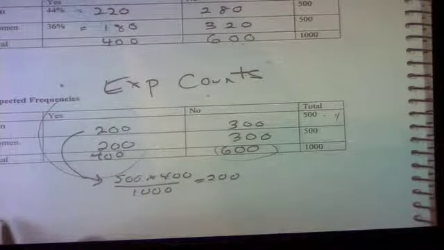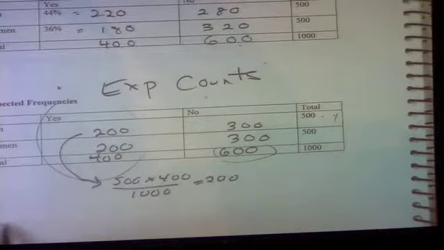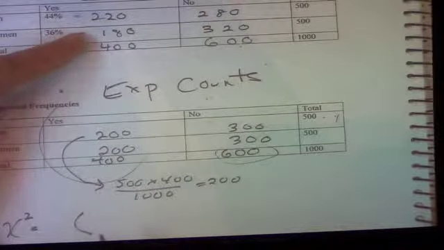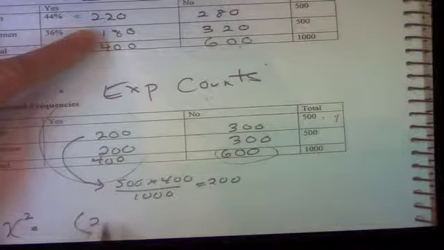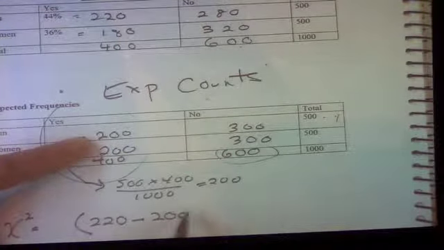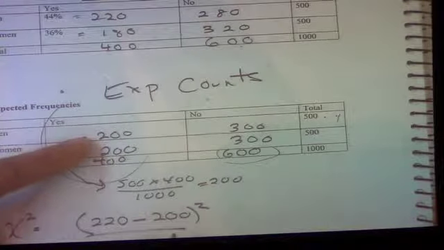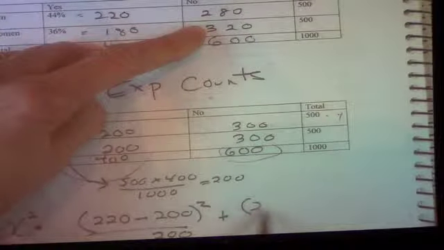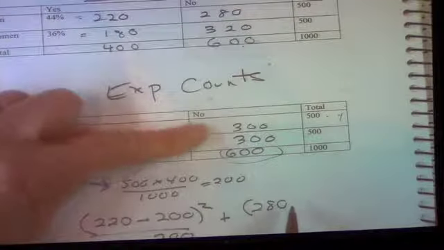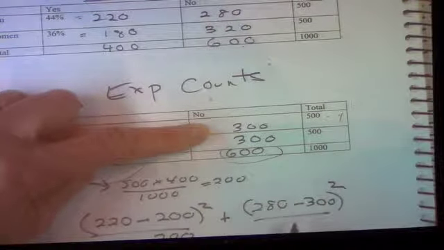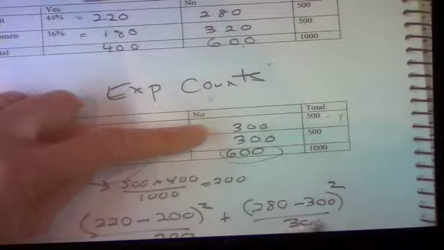And all we have to do is compute our chi-squared. We take our observed, 220, minus, you tell me, the expected 200, square it, and divide by 200. Plus 280 minus its expected, 300, squared, divided by 300.